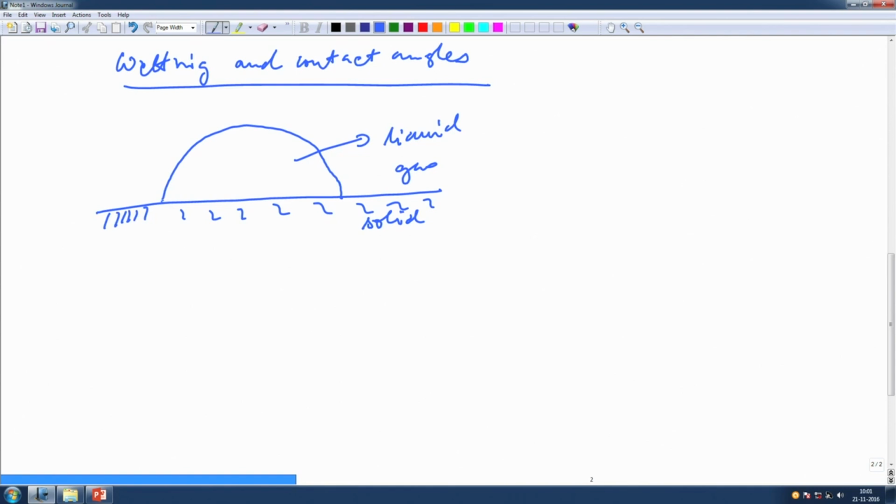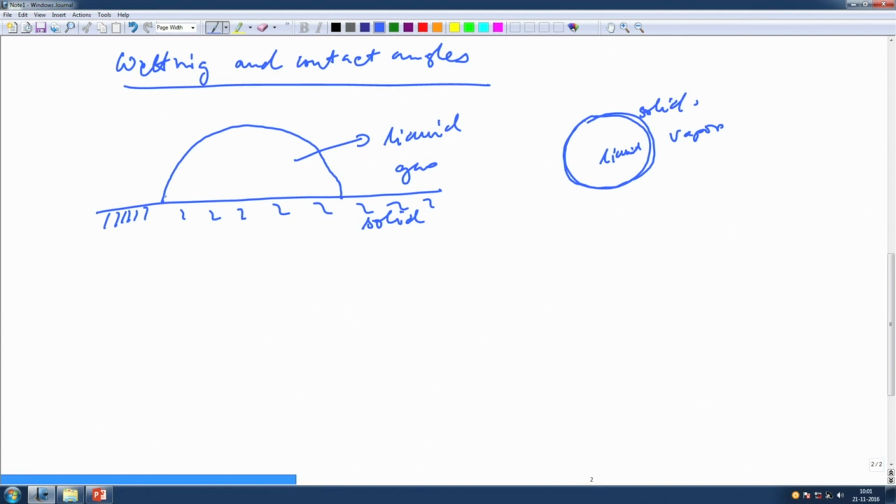If this is the side view, from the top view it will be like a circle, right. So there is a circumference around which there is a 3-phase contact line. That means there is a liquid, there is a vapor, and there is a solid, all at the same region.